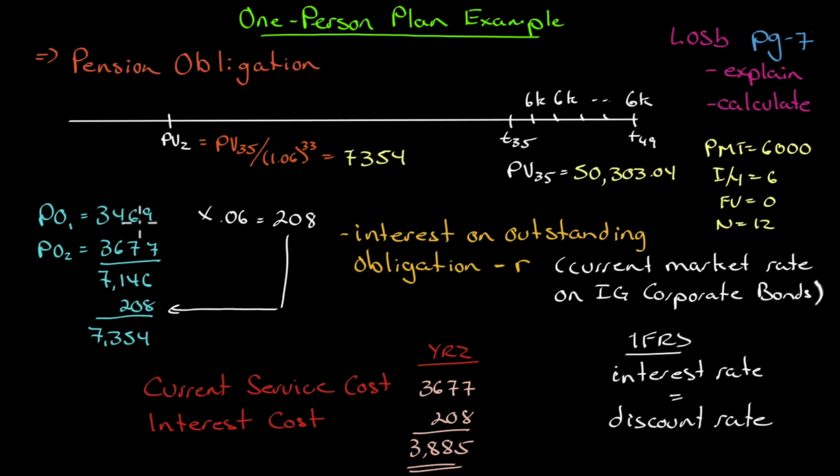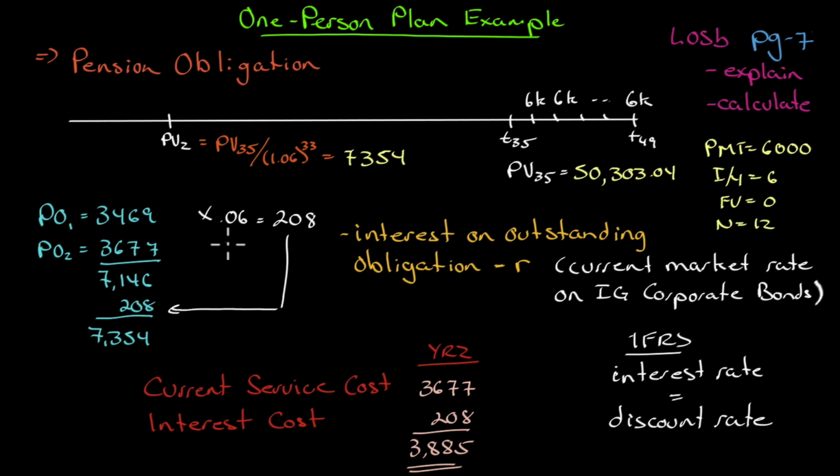Well, it has to grow at the discount rate. It has to grow at 6%. So we have to take the first year, multiply by 0.06 for 208, and add the 208 to the 7146. There's our 7354. So that's the second component of pension expense, the interest that we have to pay.